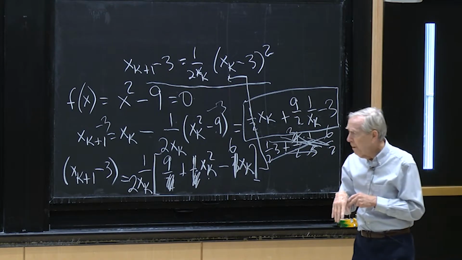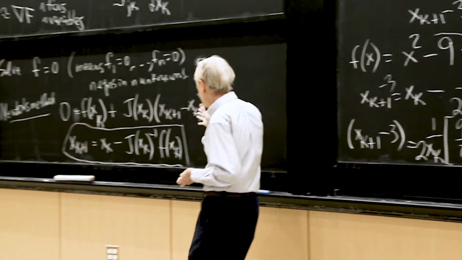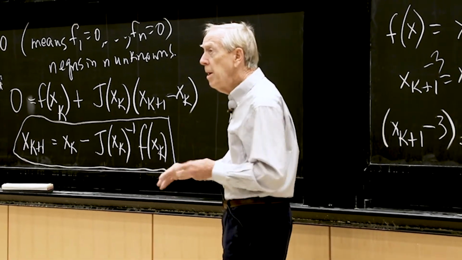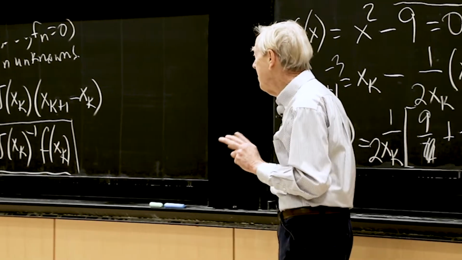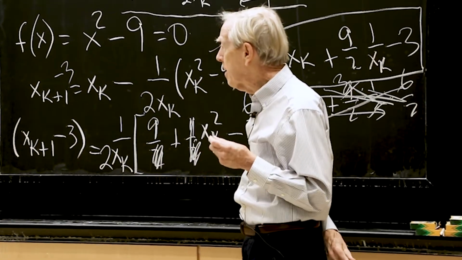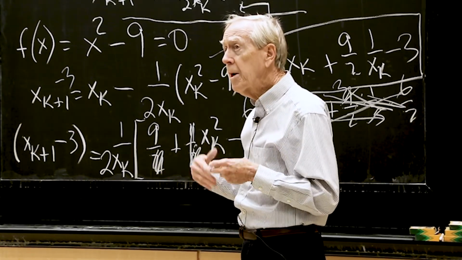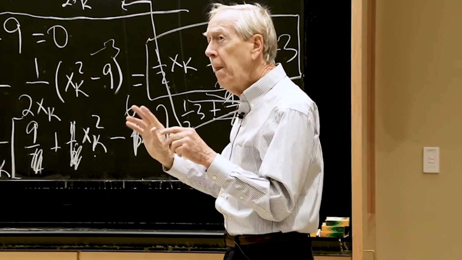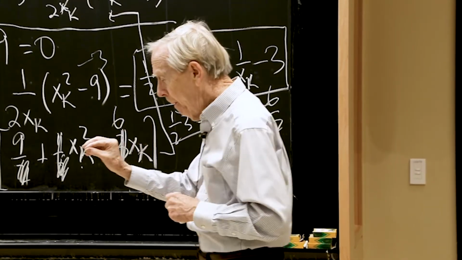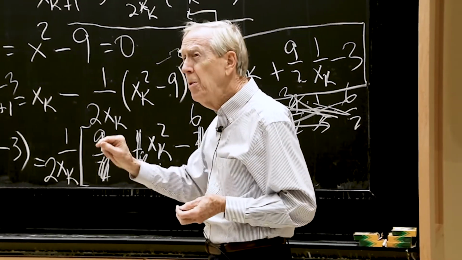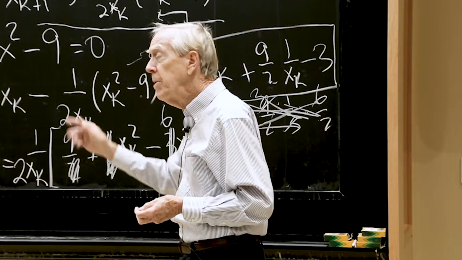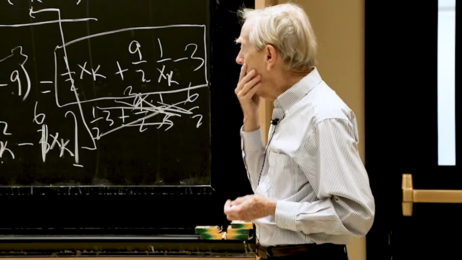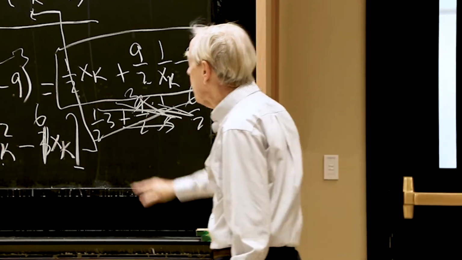But if we had a vector, 2 equations or n equations, then we're in n variables, and you get beautiful pictures. You get the type of pictures that gave rise to the picture books on fractals, for these basins of attraction. Does the starting point lead you to one of the solutions, or does it lead you to infinity? It would be interesting to just draw it for this. Okay, but the essential point is the quadratic convergence.